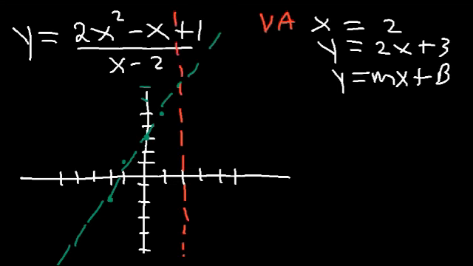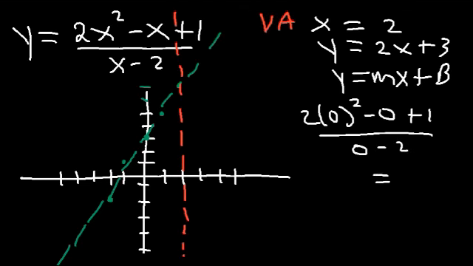Now we need to plug in 2 points, one to the left of the vertical asymptote and one to the right, to see where the graph is going to be. So let's plug in 0 for x because that's going to be the easiest. If we plug in 0, it's going to be 2 times 0 squared minus 0 plus 1 over 0 minus 2, which is 1 over negative 2.